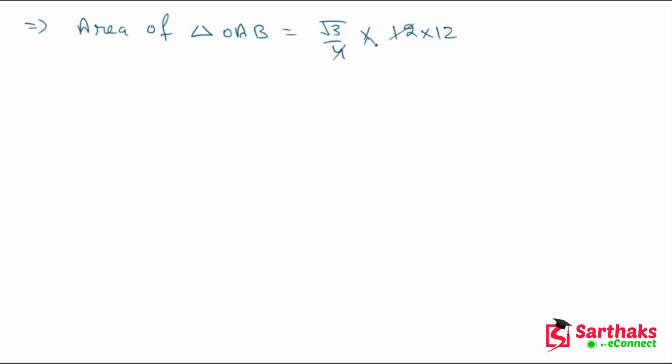Now 12 can be divided by 4, 3 times. So we have 36 into root 3. This becomes 36 root 3 centimeter square. So this is the area of triangle OAB.